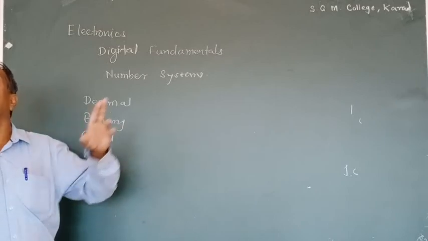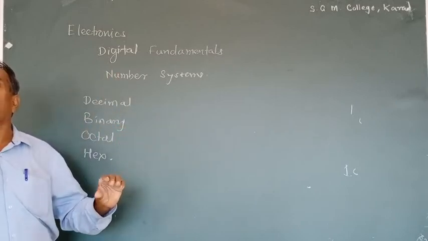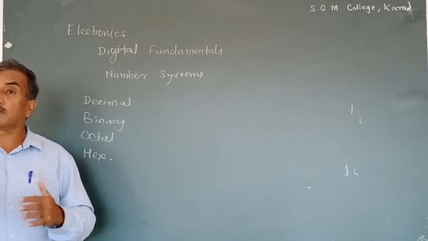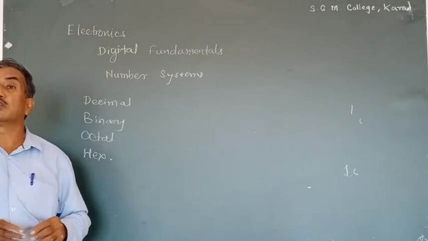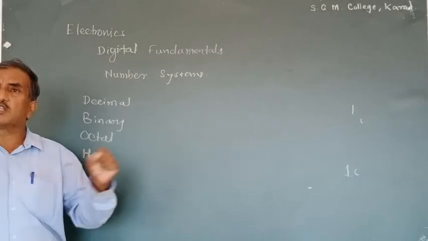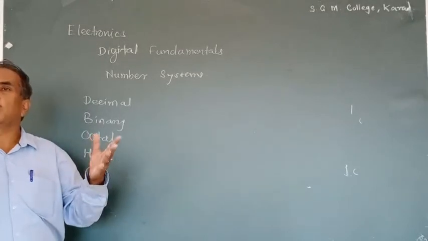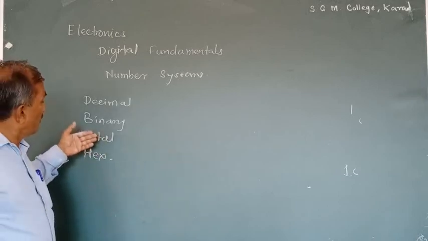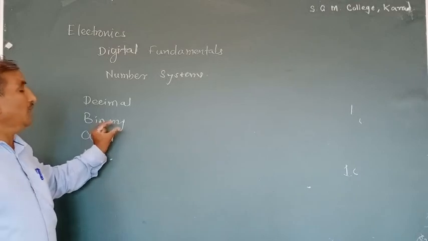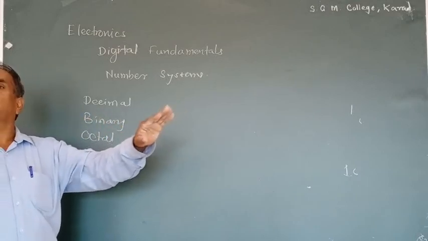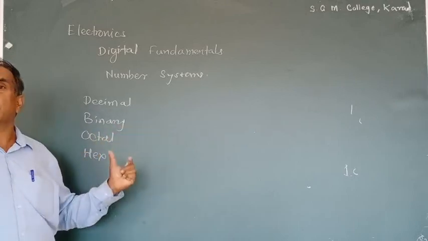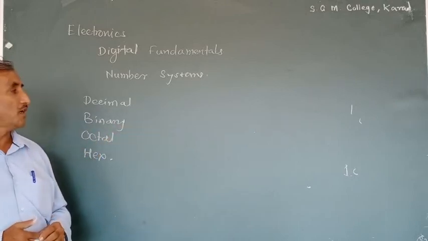But these two number systems, octal and hex, were developed for the human interface with the system, because binary is still a machine language. It has a long sequence, and with a very long sequence we can't easily interpret. That's why the new number systems, octal and hex, were developed. Out of these four, binary is what works in the machine, and the most popular number system for the interface is the hexadecimal number system.